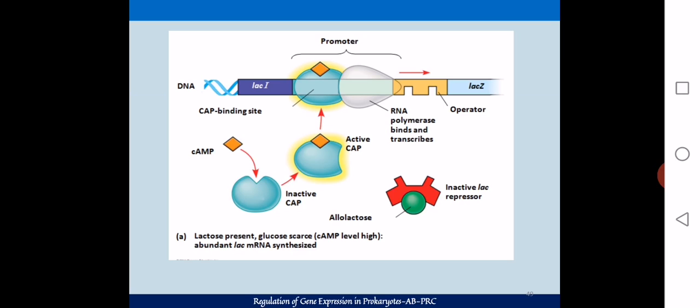So here you can see the inactive CAP, catabolite activator protein, and the CAP is activated by cAMP, and the CAP complex will bind onto the CAP binding site, and now that causes an increased rate of transcription.